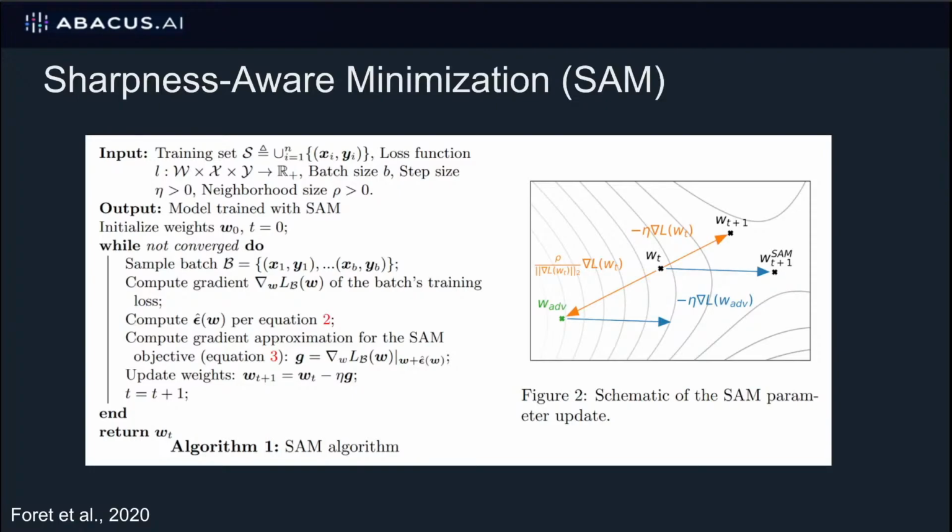Motivated by the connection between the geometry of the loss landscape and generalization, the authors introduced a procedure for simultaneously minimizing loss value and loss sharpness. Sharpness-Aware Minimization, SAM, seeks parameters that lie in neighborhoods having uniformly low loss. This formulation results in a min-max optimization problem on which gradient descent can be performed efficiently.